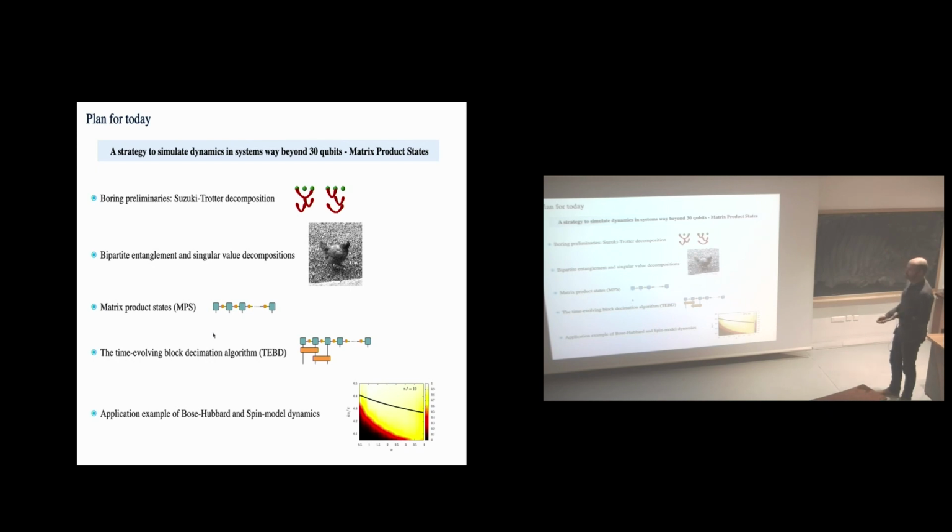I want to introduce just one, the time evolving block decimation algorithm, or TEBD, because it's the simplest way to update a matrix product state, and with it one can in principle do everything. It's not the most efficient way of doing everything, but it's a very nice method to get the idea across. And then at the very end, I want to discuss how to apply this in some recent work to some recent types of problems.